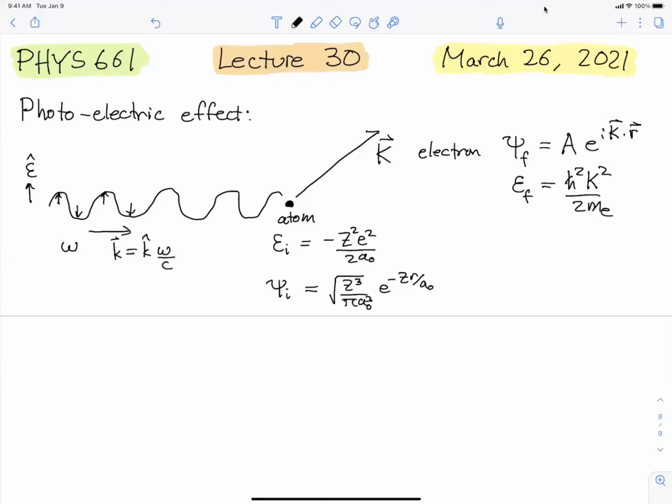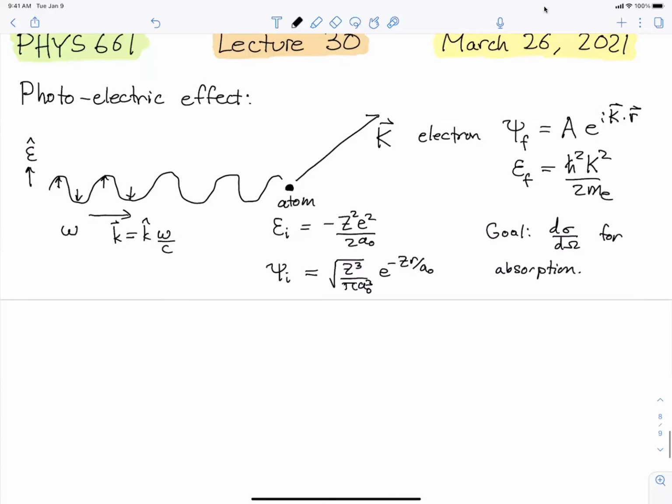Okay, and our goal in doing this is to find the differential cross-section for absorption. So it's going to be something with units of area, and it's something that an experimentalist could measure and compute.